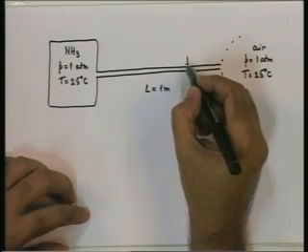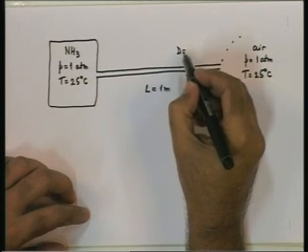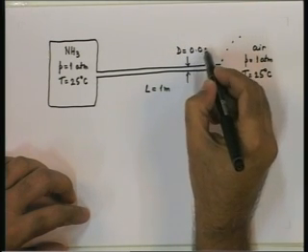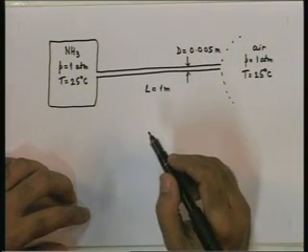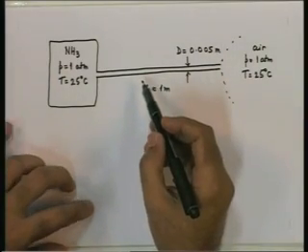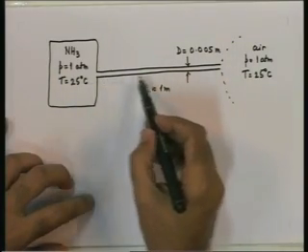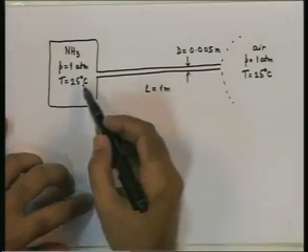The connecting duct has a small diameter, D is 5 millimeters, 0.005 meters. We have to determine the rate at which ammonia diffuses through the duct and air leaks into the tank.